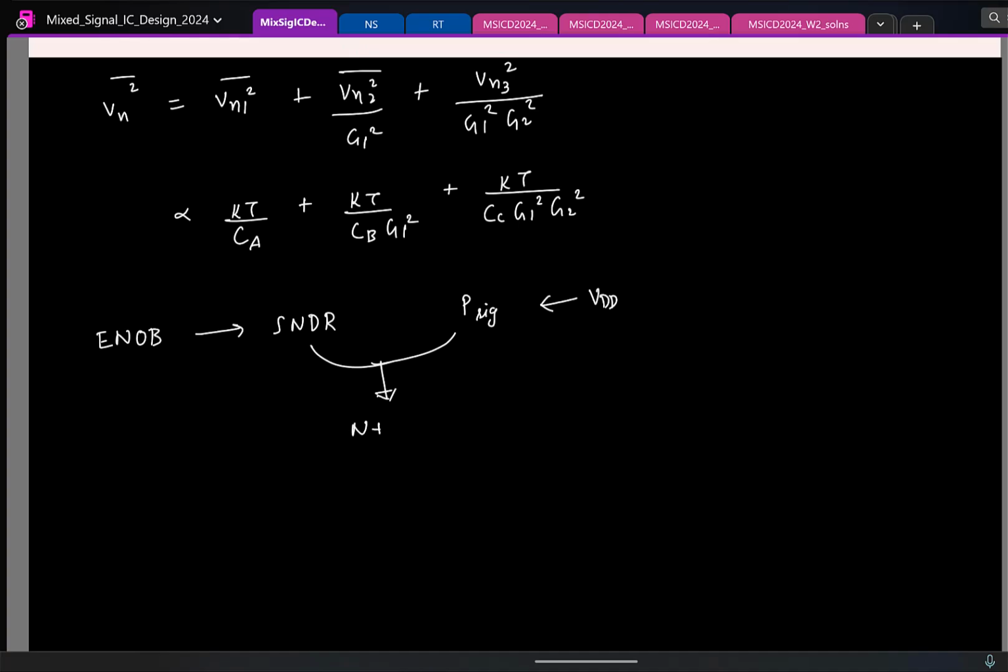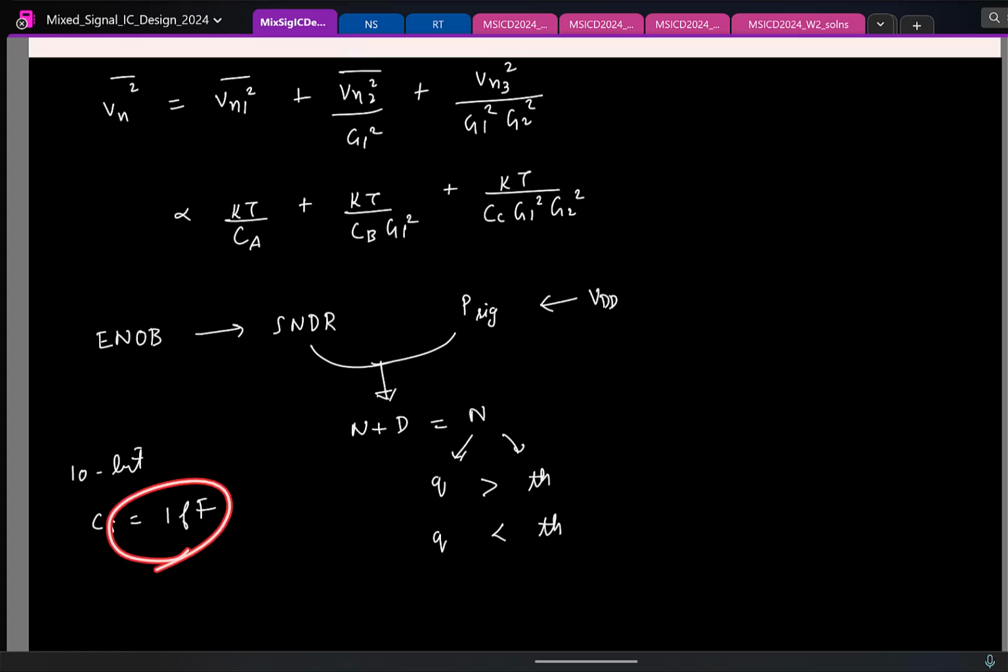Basically, it's a sum of noise plus distortion, and you don't want any distortion, so you want this to be almost equal to noise. We already know this contains both quantization and thermal noise, so you can have it either way. And if you recollect from our calculation for a SAR ADC, for a 10-bit ENOB, the sampling capacitance was just 1 femtofarad, right?